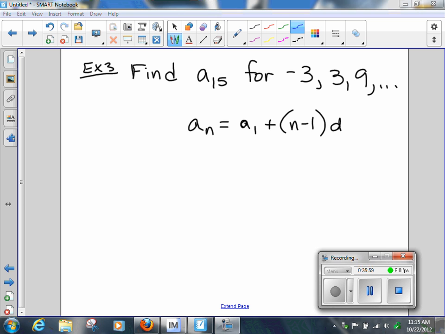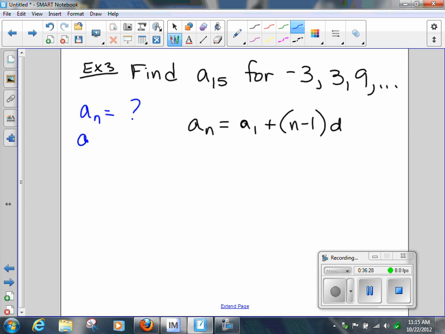What is my a sub n? That's what we've got to find out, right? a sub n is our nth term. Well, we have to find the 15th term, right? So that's what we're trying to find. We don't know what it is yet.